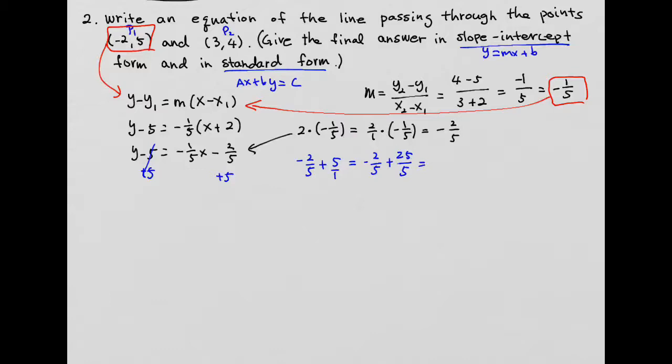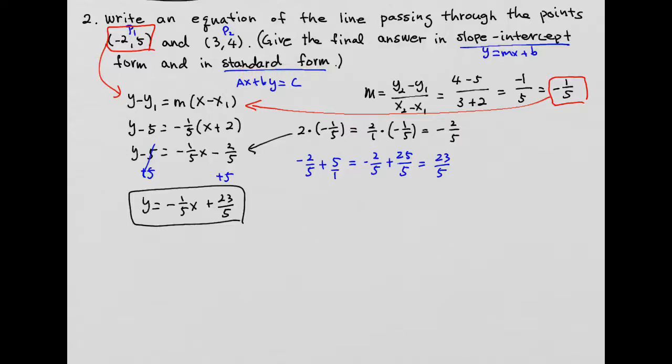And when you subtract 2 from 25, you get 23 over 5. So you will have y equals -1 over 5 x, then plus 23 over 5. So this is going to be slope-intercept form.